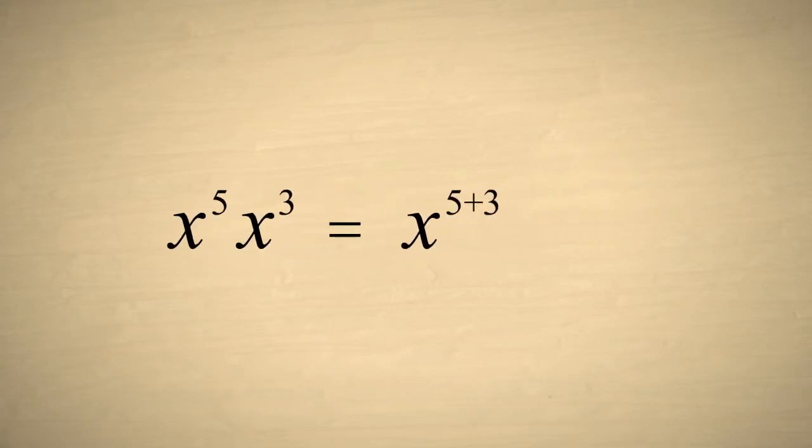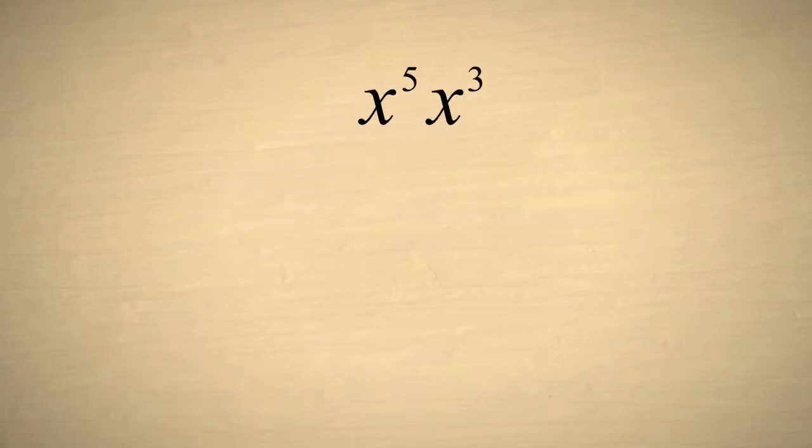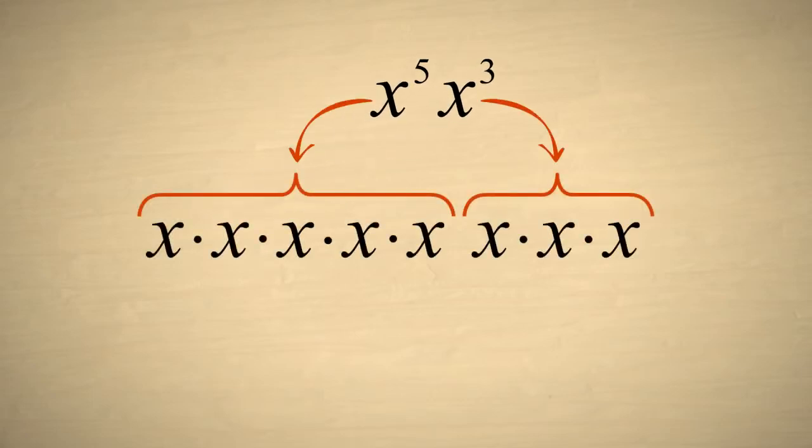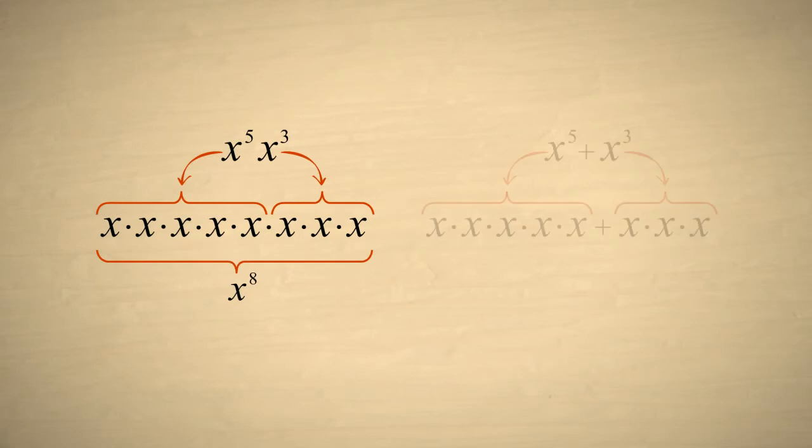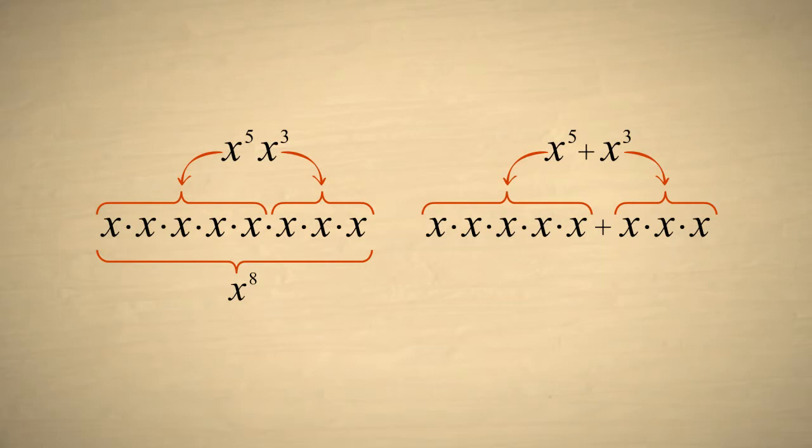And the result is x to the eighth power. It is important to remember that we can only add exponents when the terms are multiplied. If these two terms were added instead of multiplied, there would be no way to simplify this expression any further.